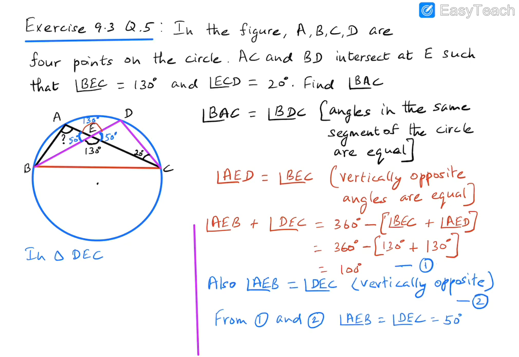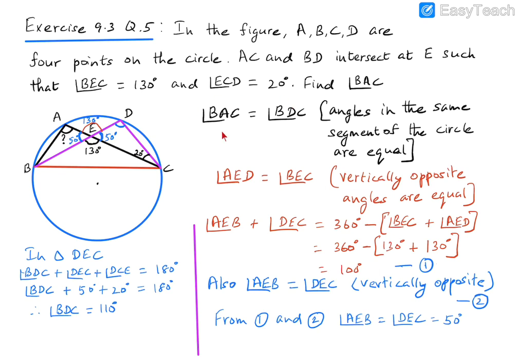So the angle BDC plus the angle DEC plus the angle DCE should add up to 180 degrees. We know that DEC is 50 degrees and DCE is 20 degrees. So we get angle BDC to be 180 minus 70, which is 110 degrees. So we have obtained the angle BDC here as 110 degrees.